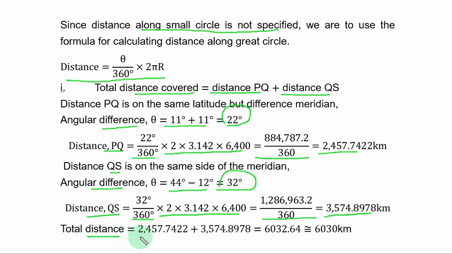Total distance becomes the addition of the two distances, and that gives this. To 3SF, you have 6030 kilometers as the total distance.